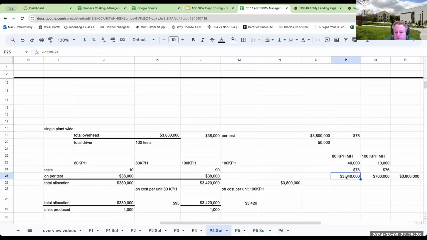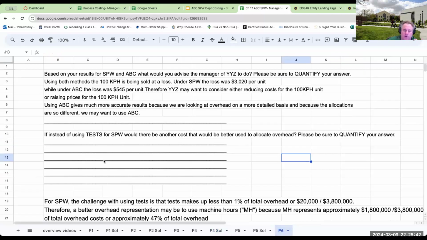If we went through and used machine hours, we would actually get results that are somewhat close to activity-based costing.